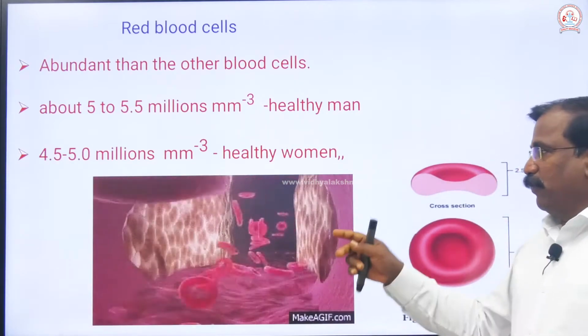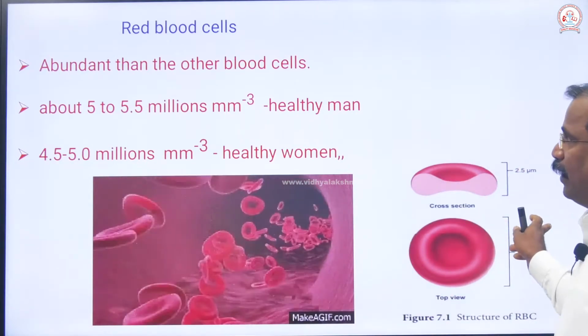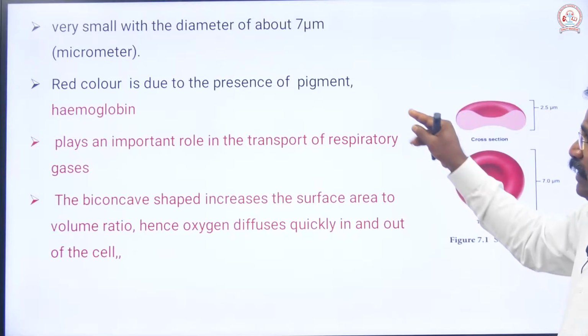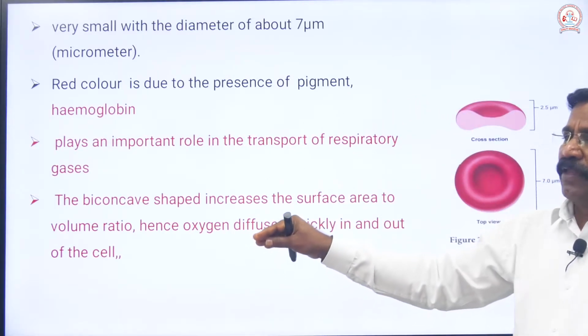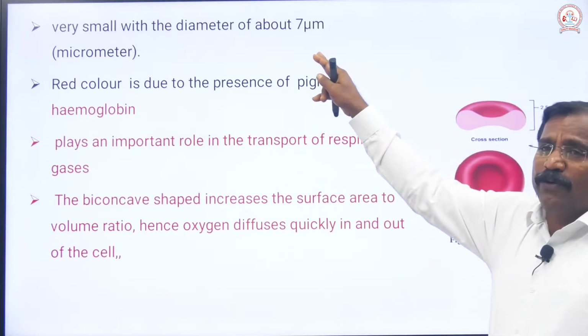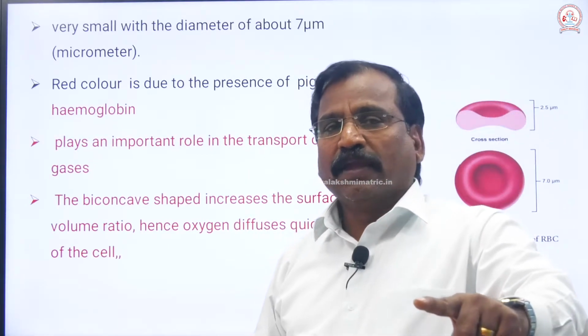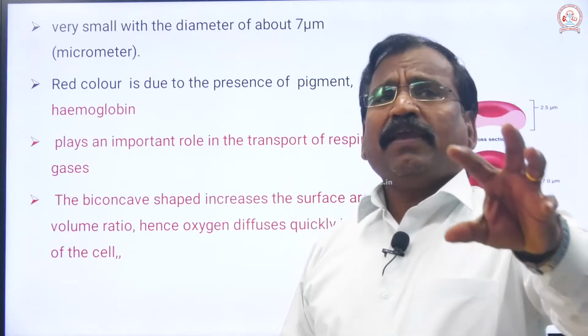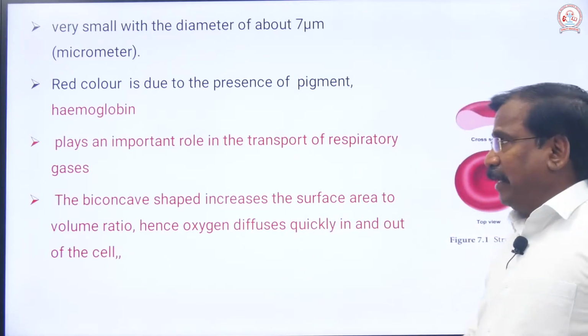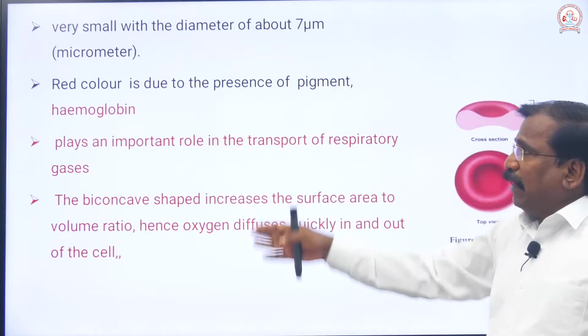It is important from the MCQ point of view. It is very small, and the diameter is about 7 micrometer. So, next MCQ, it is small and the diameter is about 7 micrometer.